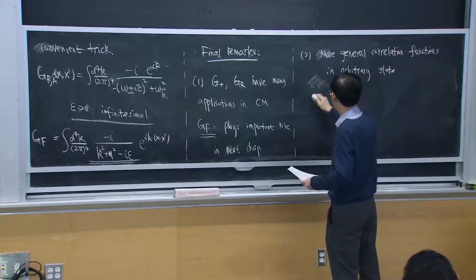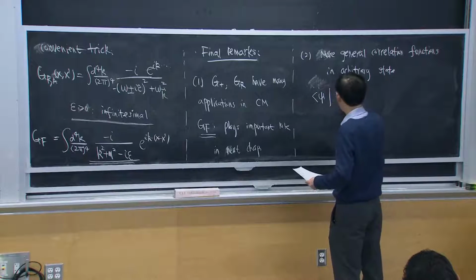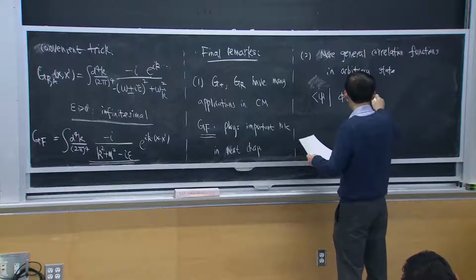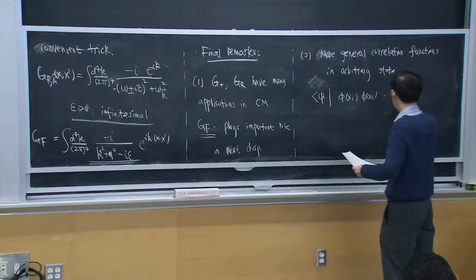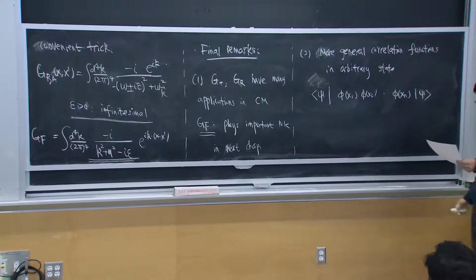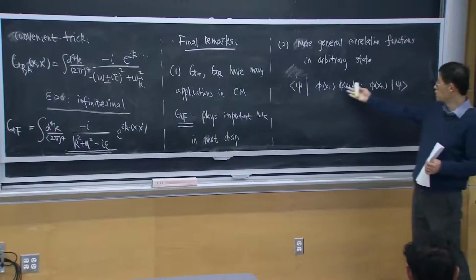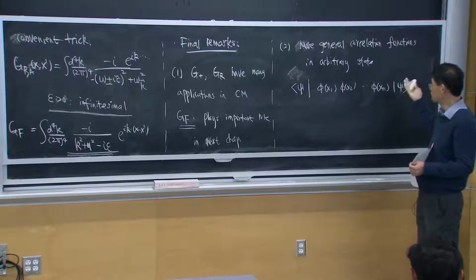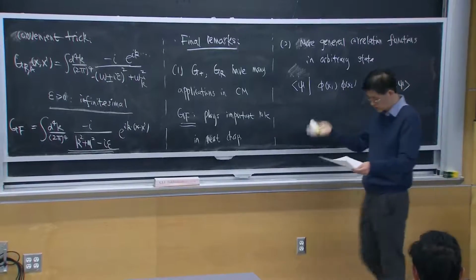Say for example, you can just consider some state psi, and then you can consider phi x1, phi x2, say phi xn. So this is what's normally called an n-point function in some general state psi. Okay, psi does not have to be the vacuum.